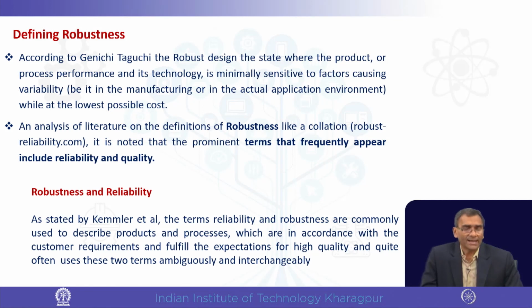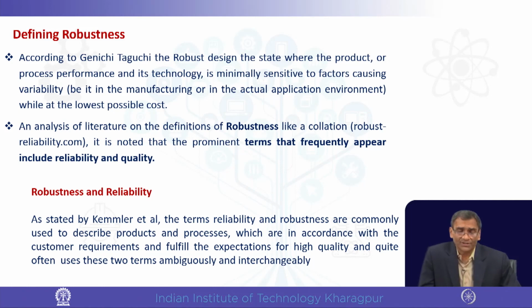Here, an analysis of literature on definitions of robustness, like a collation, you can see that robustreliability.com noted that the prominent terms that frequently appear include reliability and quality, which is very normal, and we will deal exactly like this.